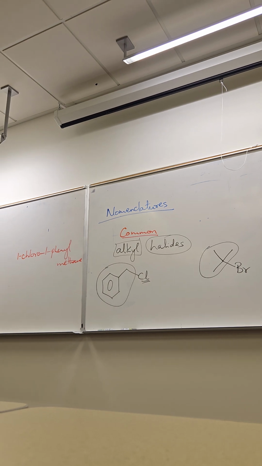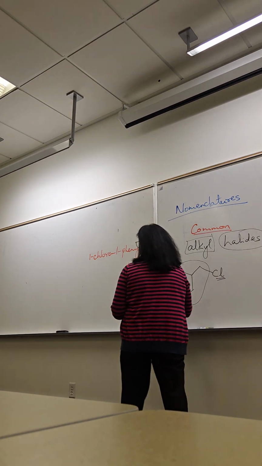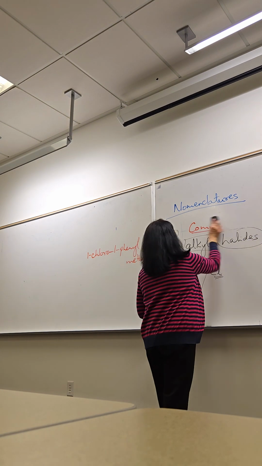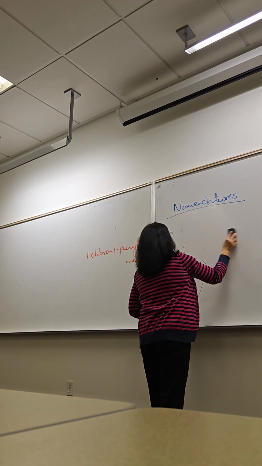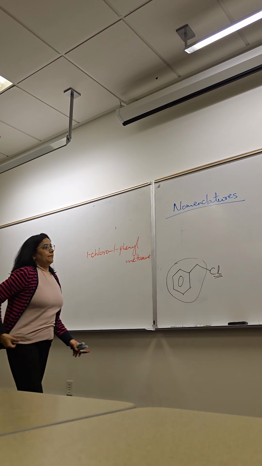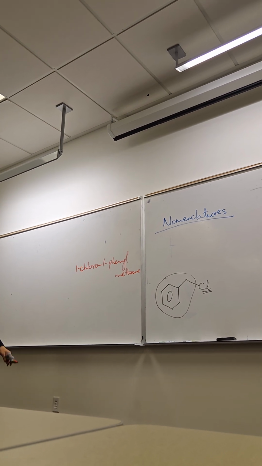Okay, what would be the IUPAC name for tert-butyl bromide? No, I'm not erasing that. Just making space here. What would be the IUPAC name for this guy? What's the parent?